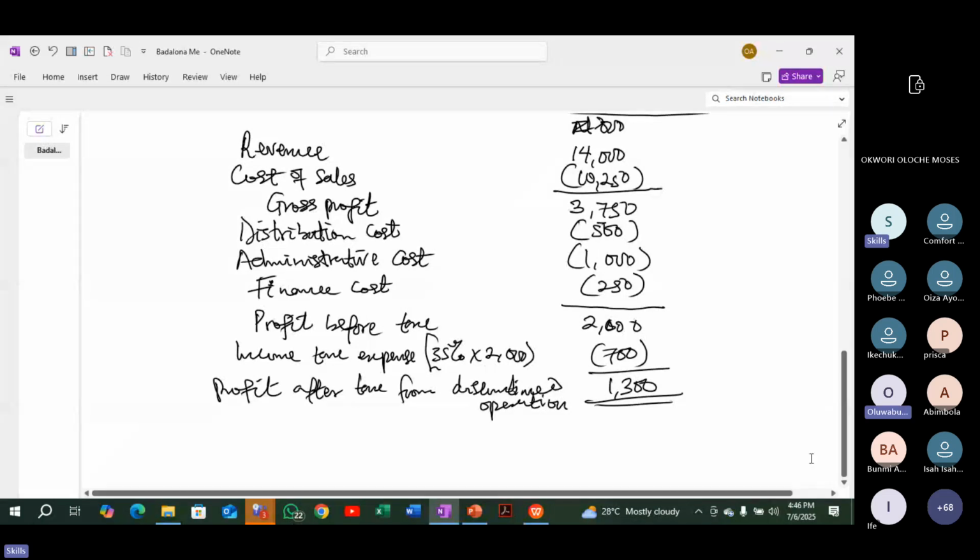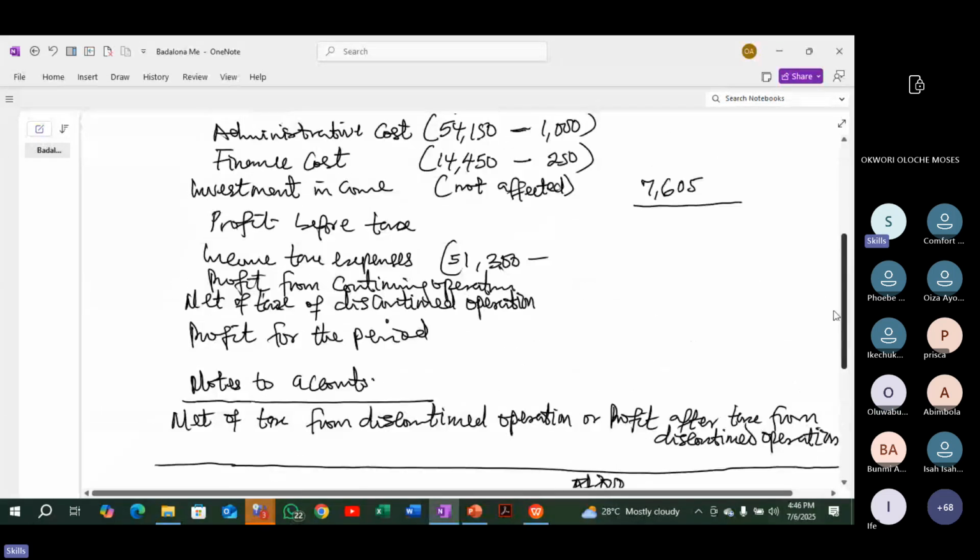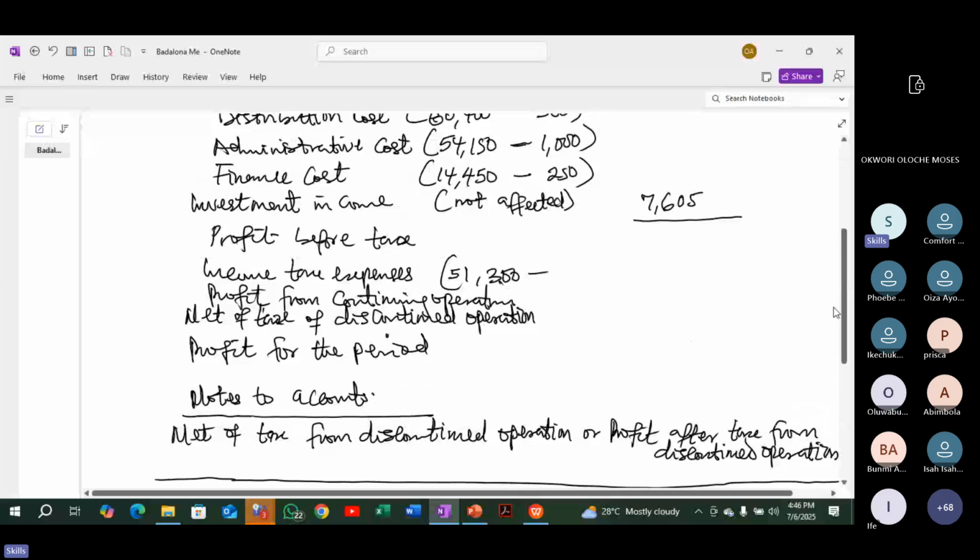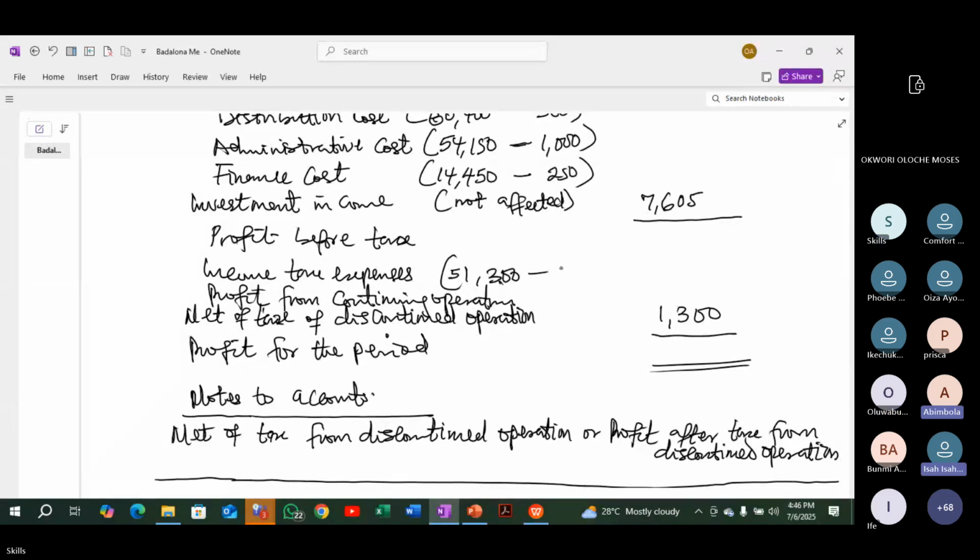Everything that we calculate, the profit net of tax from discontinued operation, I have 1,300, Abby. Is that all we get? Yes, sir. How much is the tax that we calculate? 700.